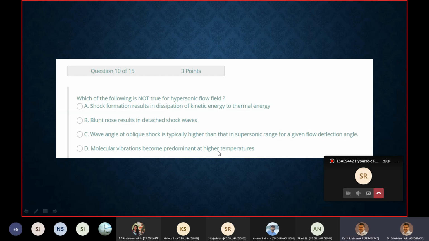Blunt nose results in detached shock waves is very obvious. It is true, so that's not the correct one also. Molecular vibration becomes predominant at higher temperatures.